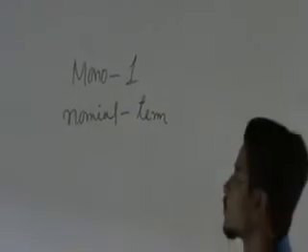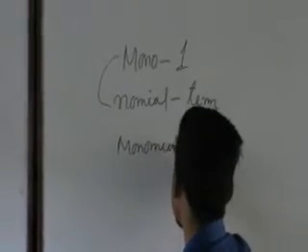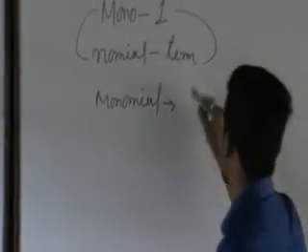Now we have to learn about monomial, binomial, trinomial and polynomial. First, monomial. Mono means one, and nomial means term. If you combine this, you get monomial, that means one term.